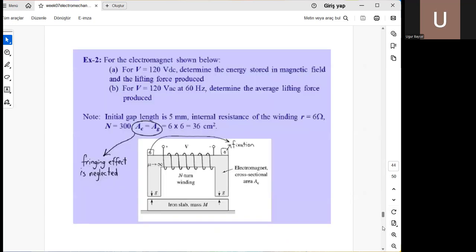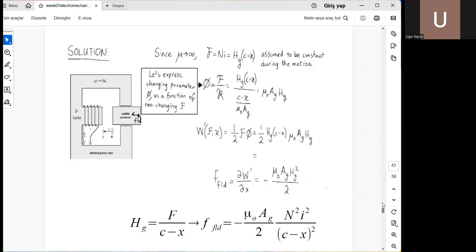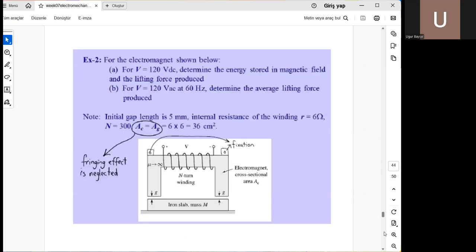Similarly, there's another problem. Finally, about the previous one, if we want to plot this force as a function, it's a kind of paraboloid, actually inverse square characteristics, with which you can easily draw its diagram.